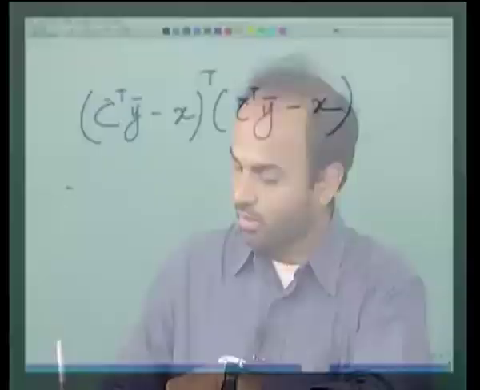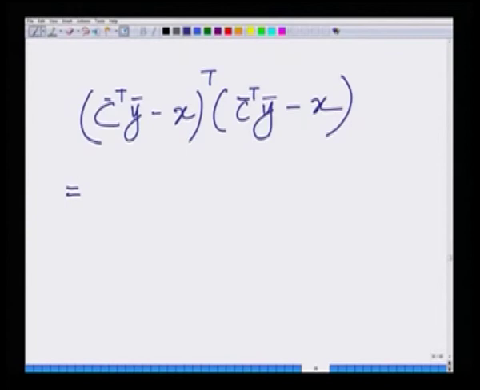I can write this as follows. Both these are scalar quantities, so I will simply write this as C transpose y minus x, into C transpose y minus x, transpose.